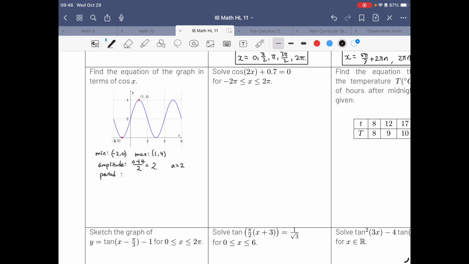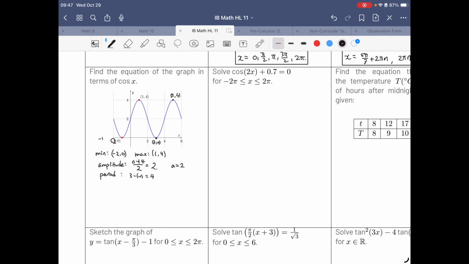In this case, because the minimum is at negative 2 and maximum is at 1, I can easily deduce that another minimum will be at 3, 0, and then another maximum will be at 5, 4. So I think it's quite easy to tell the period is going to be 3 minus, sorry, that's hard to read, that's negative 1.